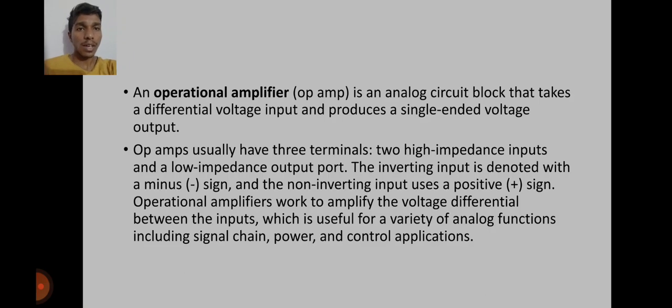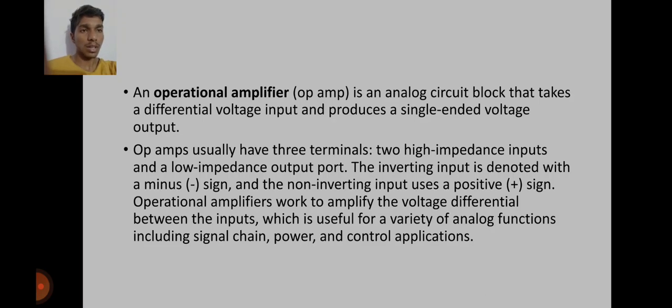Operational amplifiers usually have three terminals: two high impedance input ports and a low impedance output port. So this op-amp has three terminals in total, in which two are input terminals and one is the output port.